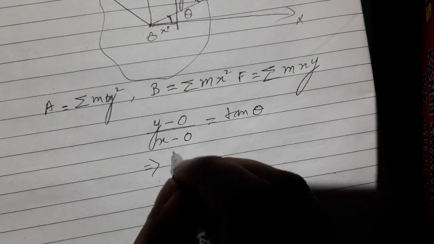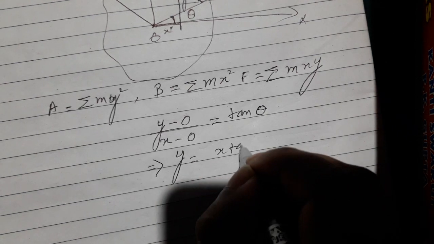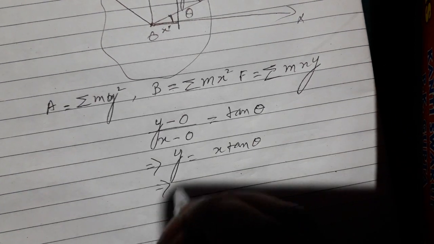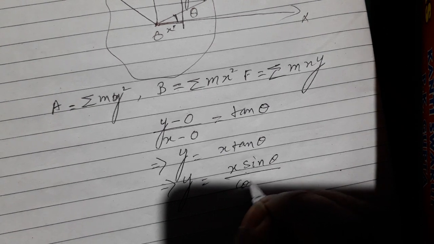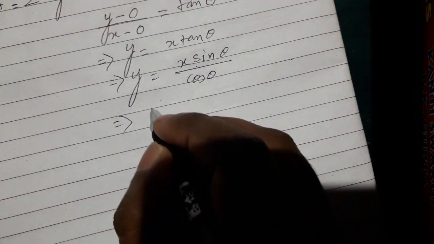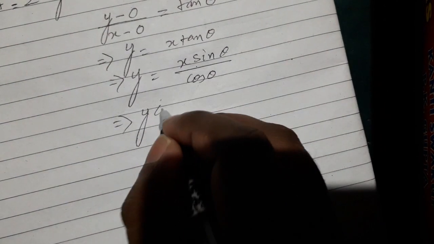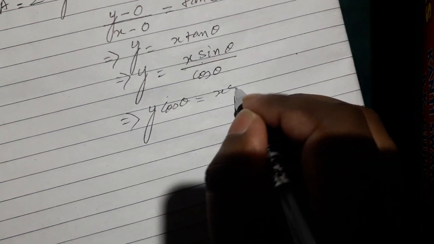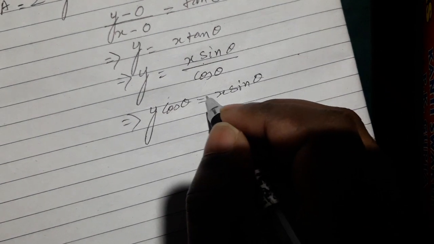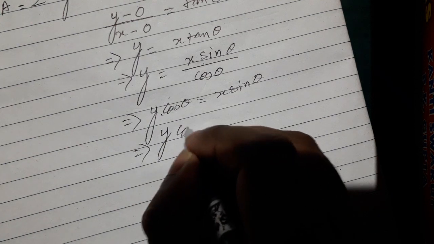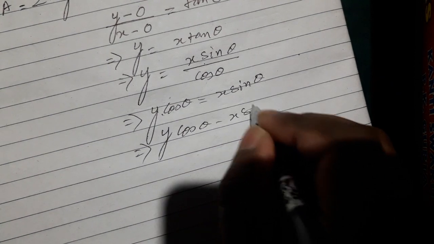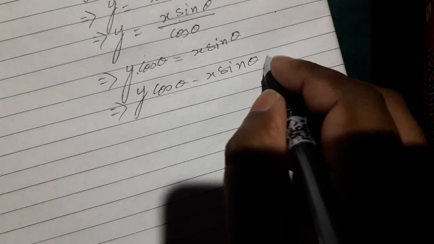So we get y equal to x tan theta, which can be written as x sine theta by cos theta. So we get y cos theta equal to x sine theta. Bringing this to one side, y cos theta minus x sine theta equals 0.